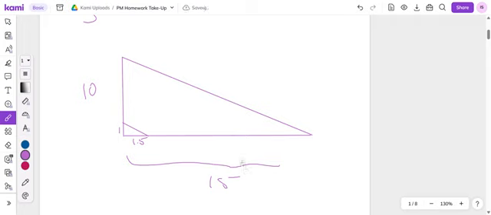So how many times bigger is every side? 10. So now the question is, how many times bigger is the area? If the sides are 10 times bigger, how much bigger is the area? 10 squared, which is 100 times bigger.